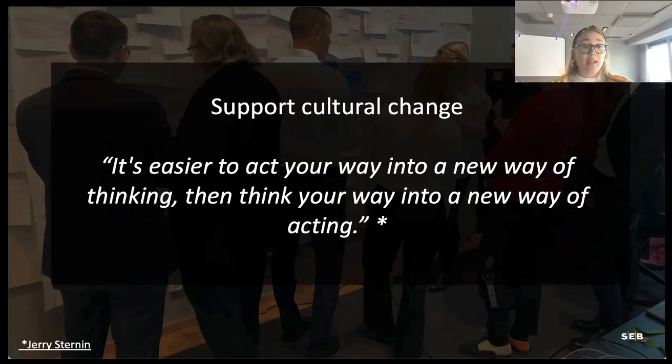Will you fall back into the previous behavior, or will you be consistent and model the behavior that you want to see? So if there is a problem, as I mentioned, we're not able to reach these PI objectives because the test environment went down. What can we learn from this? How can we help? Rather than, oh, bad team member, we don't like this, and we're going to report you to the business owner.